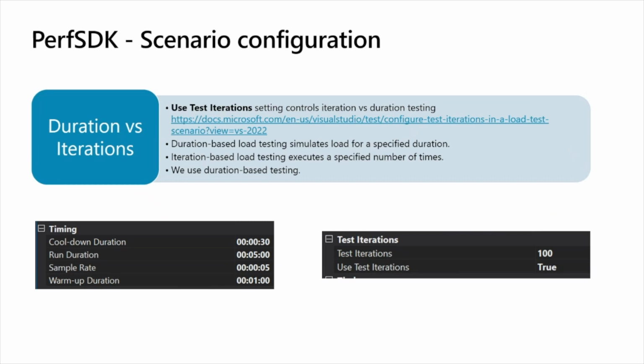Duration-based load testing simulates load for a specified duration, as opposed to iteration-based testing, where the test is executed a specific number of times. In the scenarios that we are going to show, we are using duration-based testing. On the left side, you can see the settings accompanying duration-based testing, and the iteration-based testing settings are on the right side.